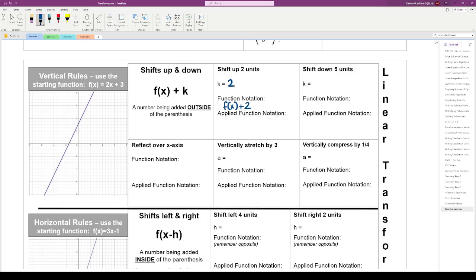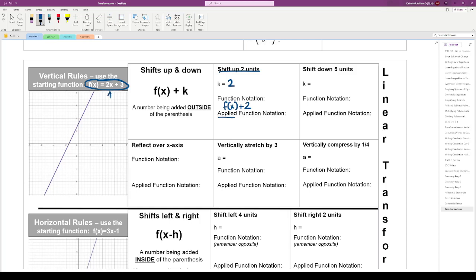So this is the function notation or rule that transforms a function. We're starting in all of these cases with this function right here. And so far, for shift up 2 and this f of x plus 2, I didn't care what the original function was. I could transform anything according to this rule. But now to apply it, to get the final transformed function, I'm going to care about this original one over here.